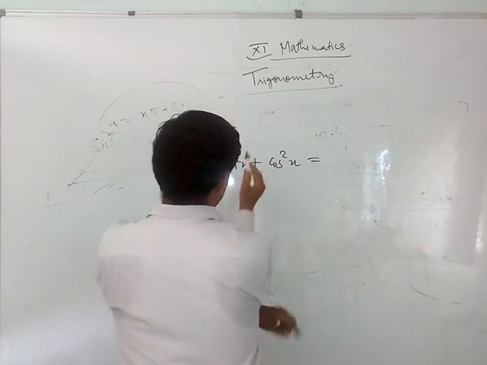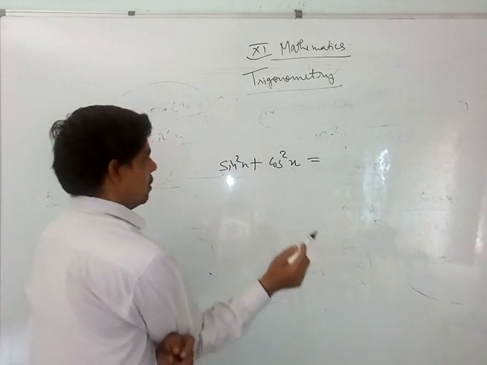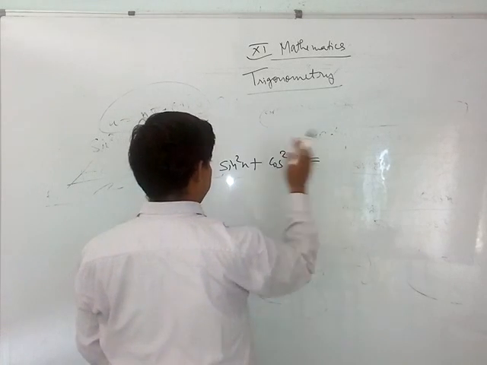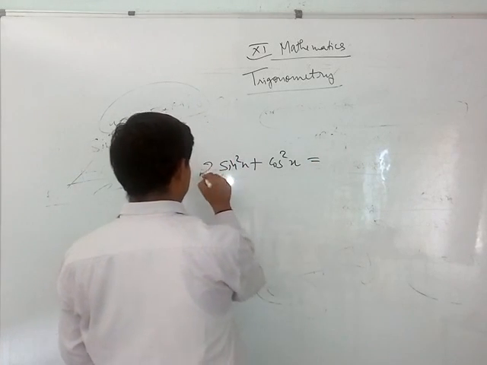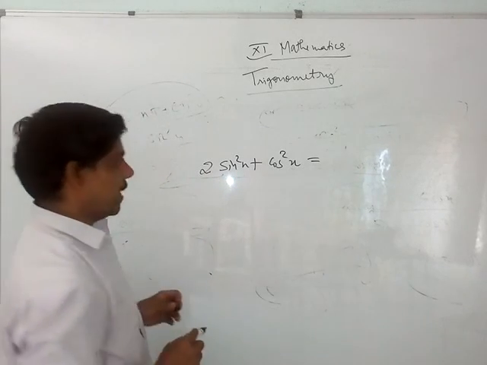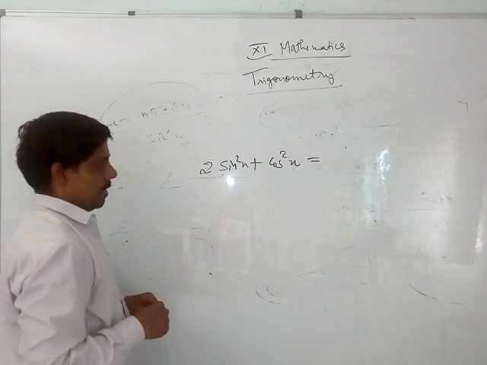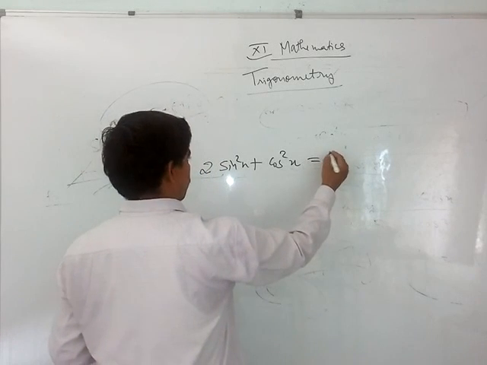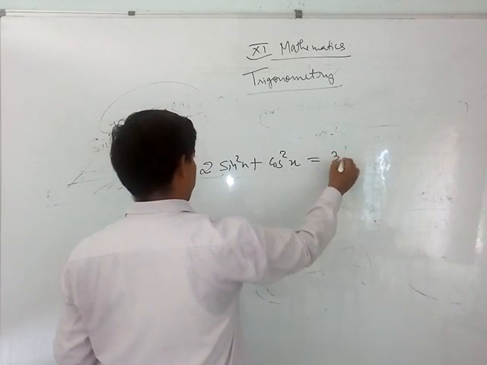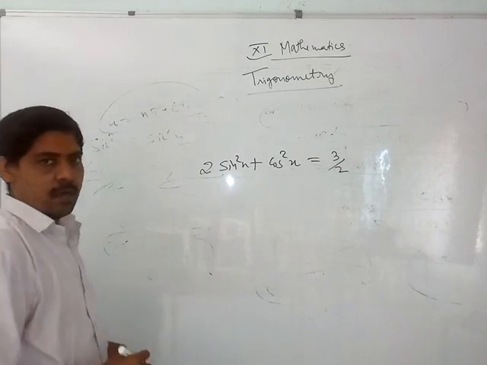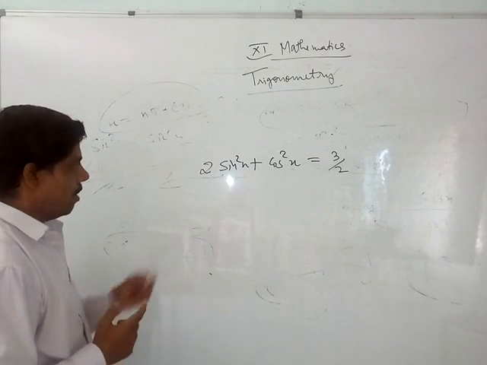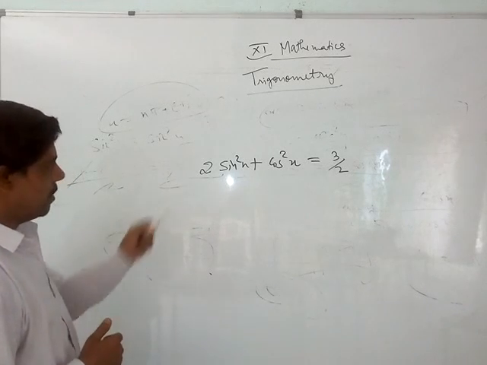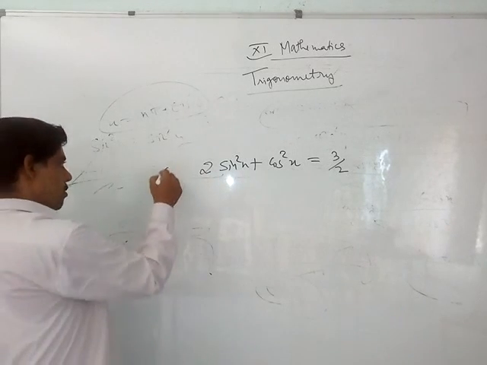So suppose I write sin square x plus cos square x is equal to something else. Suppose I write 2 sin square x plus cos square x is equal to, maybe 3 by 2. Suppose we get this kind of question. Now how will you solve this kind of question? So that you should try. This is your question number 1.